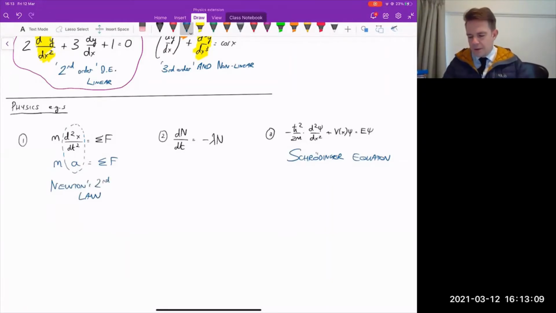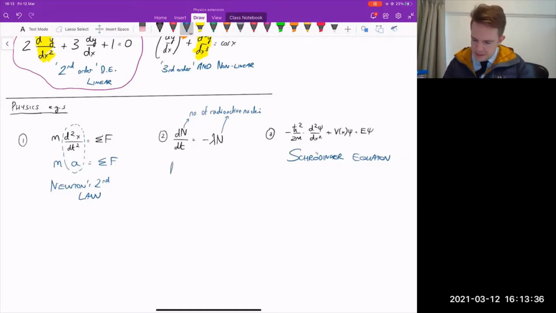And the middle one, this is the number of radioactive nuclei in a sample. N is the number of radioactive nuclei in a sample. So this equation tells us how the number of radioactive nuclei changes with time during a decay, basically.